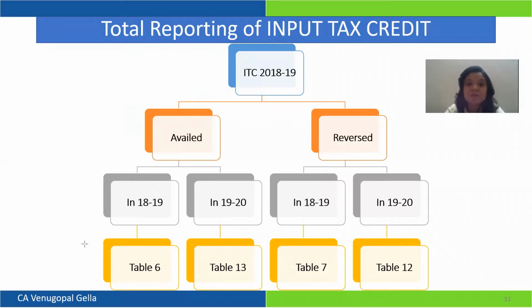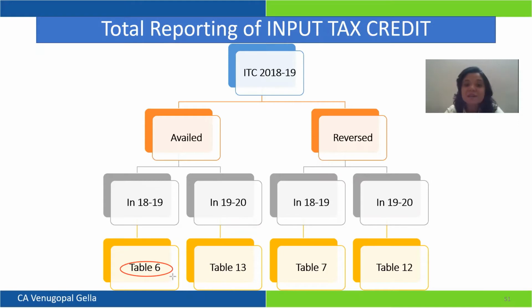That is, the accounting is happening in 1819, availment in GSTR-3B is also happening in 1819, that is Table 6. Or, irrespective of the accounting, the credits are availed in 3B of 1819. All of those credits will come in Table 6.